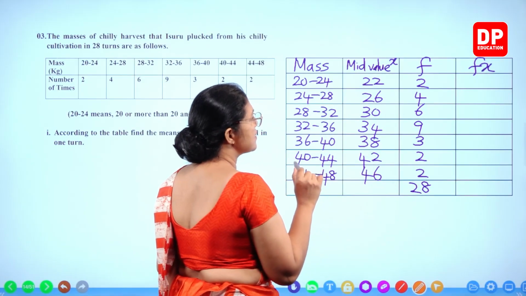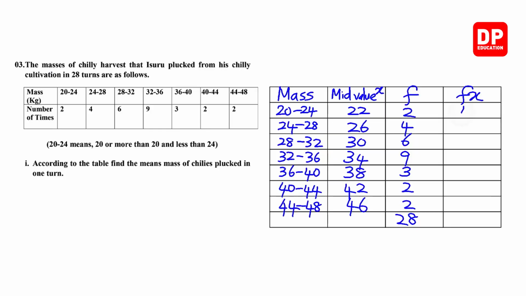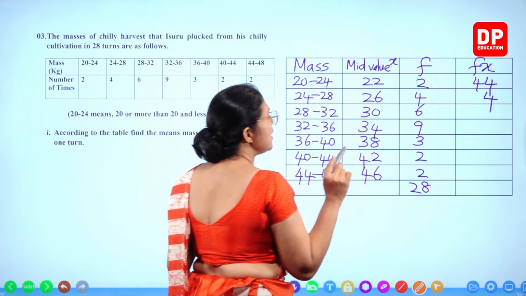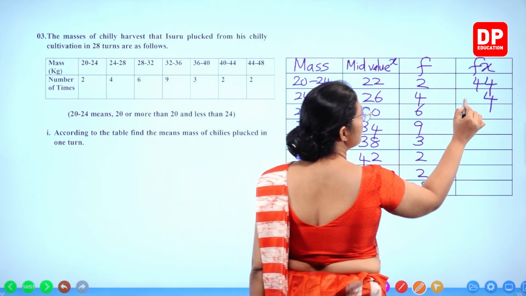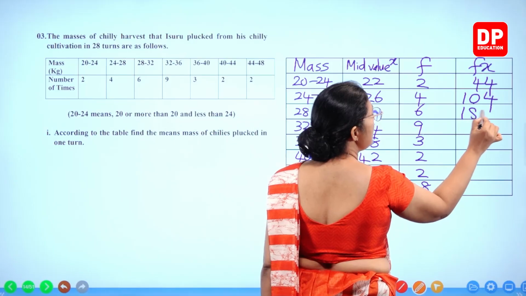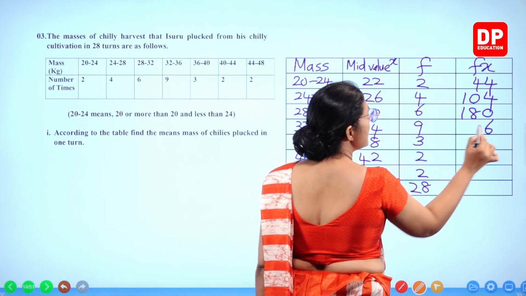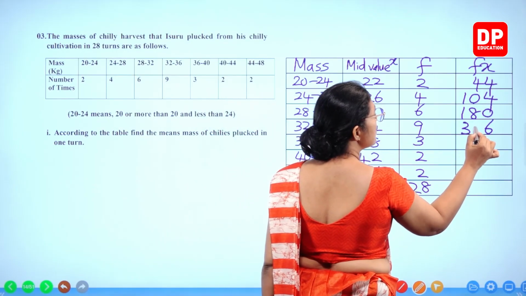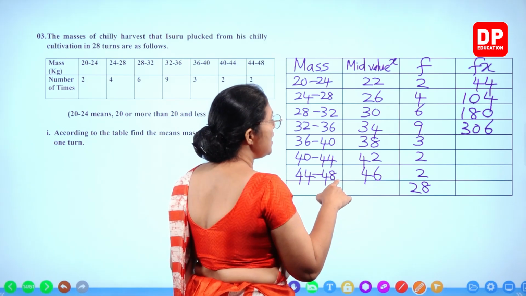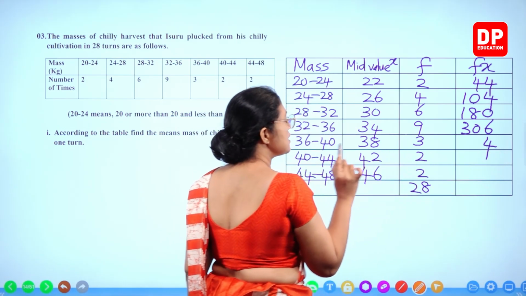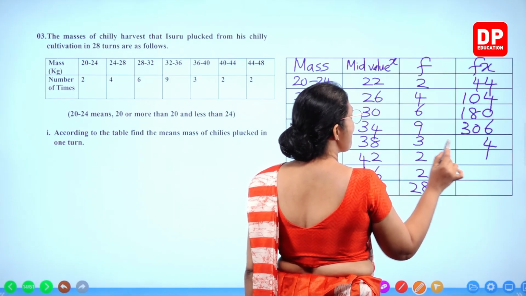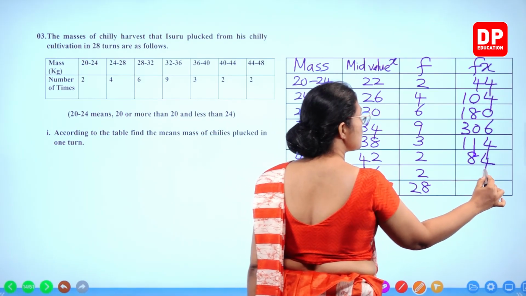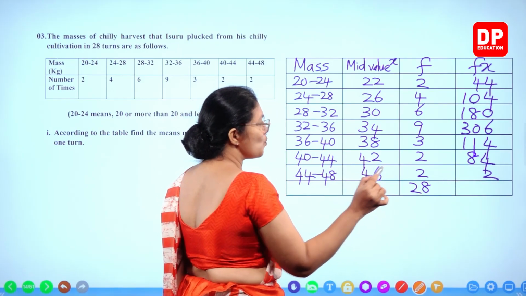Multiply f with x. 2 times 22, that's 44. 4 times 26, 4 times 6, 24, 2 remaining, 4 times 2, 8 plus 2, 10. 6 times 30, 180. 9 times 4, 36, 3 remaining. 9 times 3, 27 plus 3, 300. 3 times 8, 24, 2 remaining. 3 times 3, 9 plus 2, 11. 2 times 2, 4. 2 times 4, 8. 2 times 6, 12, 1 remaining. 2 times 4, 8 plus 1, 9.